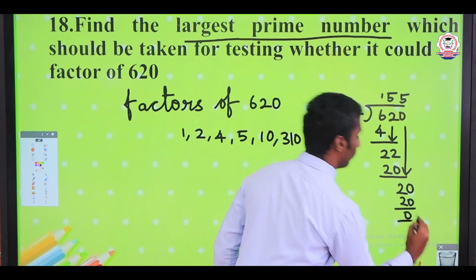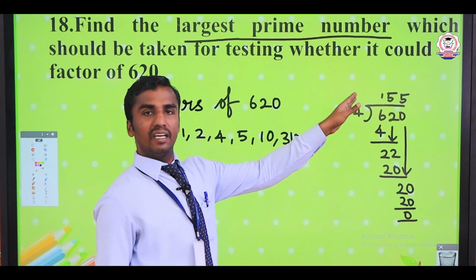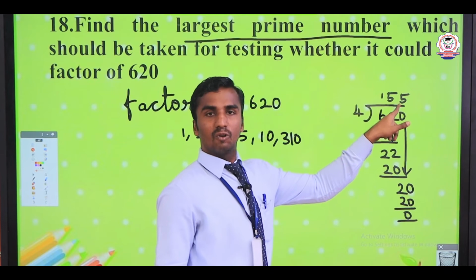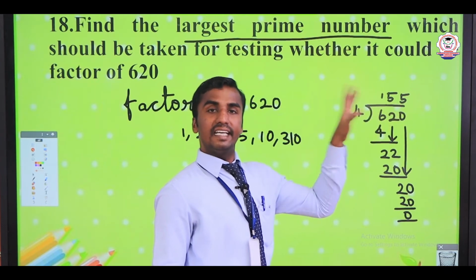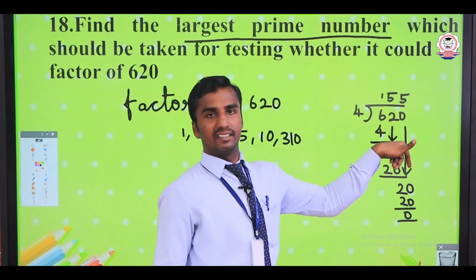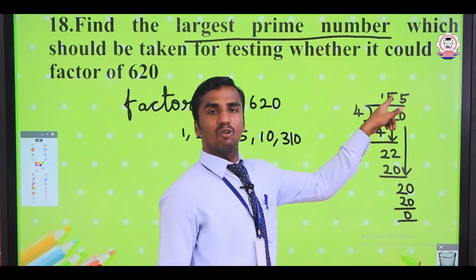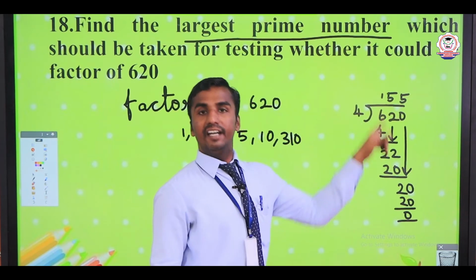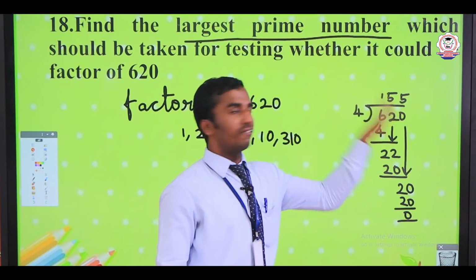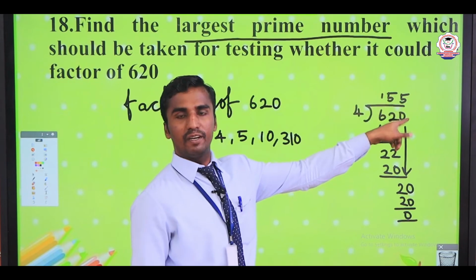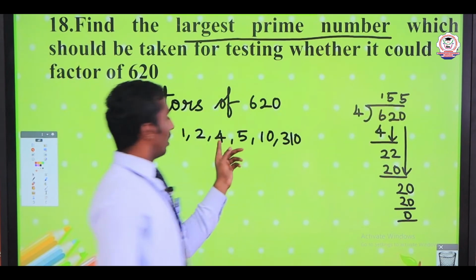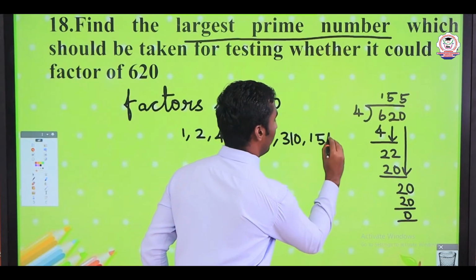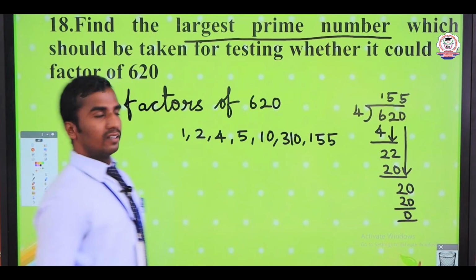So the quotient is 155. In every division, the divisor and quotient are factors of the dividend. So 4 and 155 are factors of 620. Already wrote 4, so next we write 155.